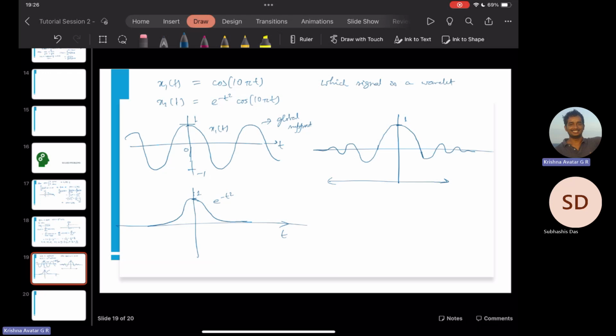So this has smaller support, which implies that it is not exactly local, but it is very small. So you can call this a wavelet, because the region of support is very narrow. Which means the second signal x2 of t happens to be a wavelet.